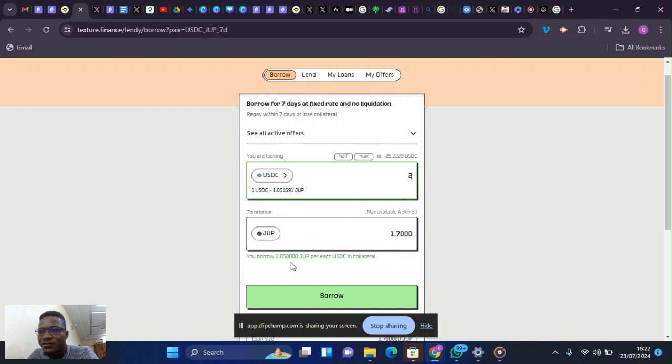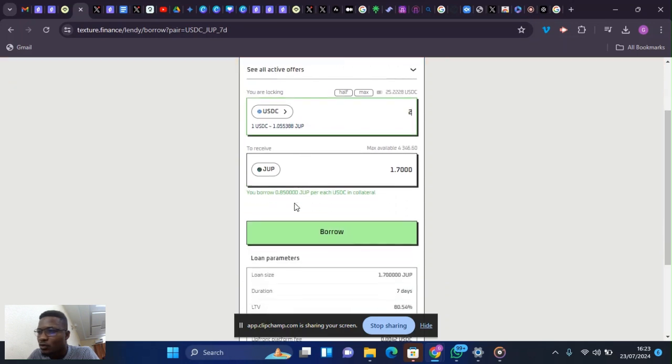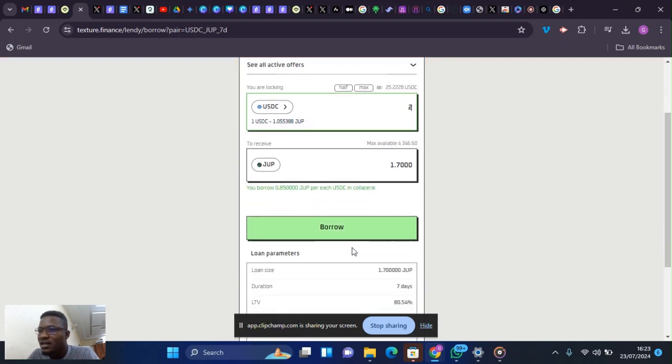I'm borrowing at a value of 0.85 JUP per USDC I place as collateral. Do you get me? That's how it goes. The value here is the rate of USDC against JUP, generated from Pyth and Jupiter protocol.